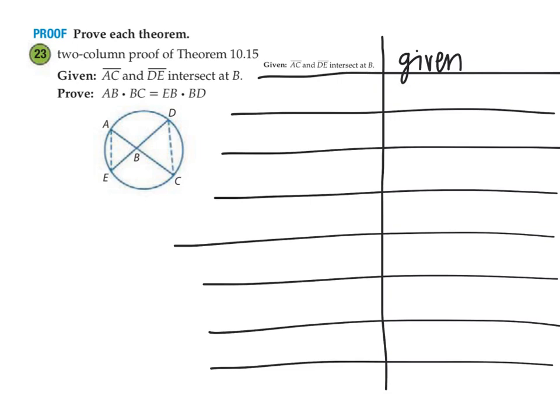How could we prove that the triangles are similar? We could use angle-angle similarity to prove that they're similar. I can already tell a vertical angle right here. So let's write down that angle ABE is congruent to angle DBC because they are vertical angles.